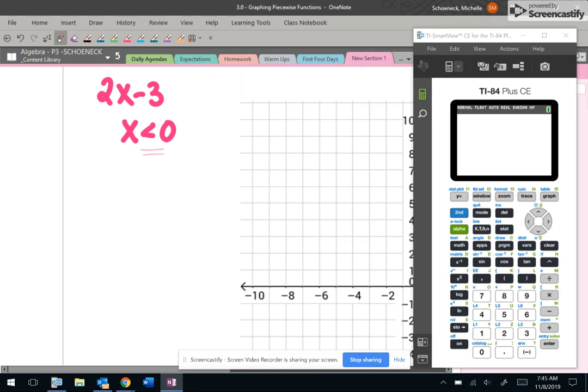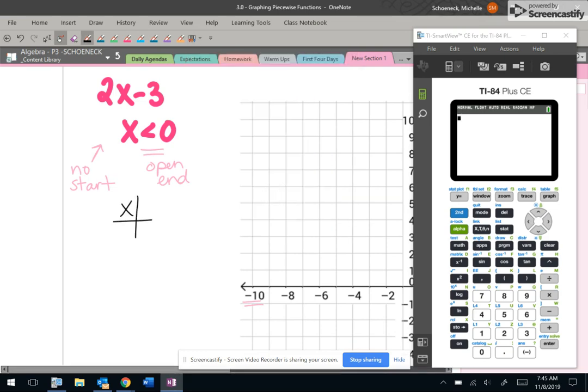This is going to be an open circle. And it's after the x, so that's our end number for our interval. Notice that there's no start. So that means our start is going to be where we start on the grid.